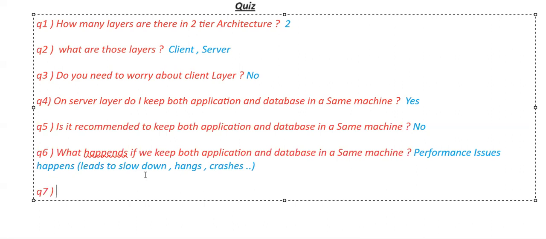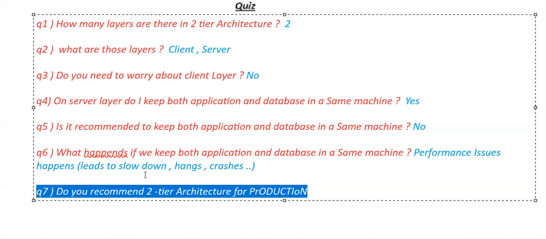Do you recommend two-tier architecture for production environment?